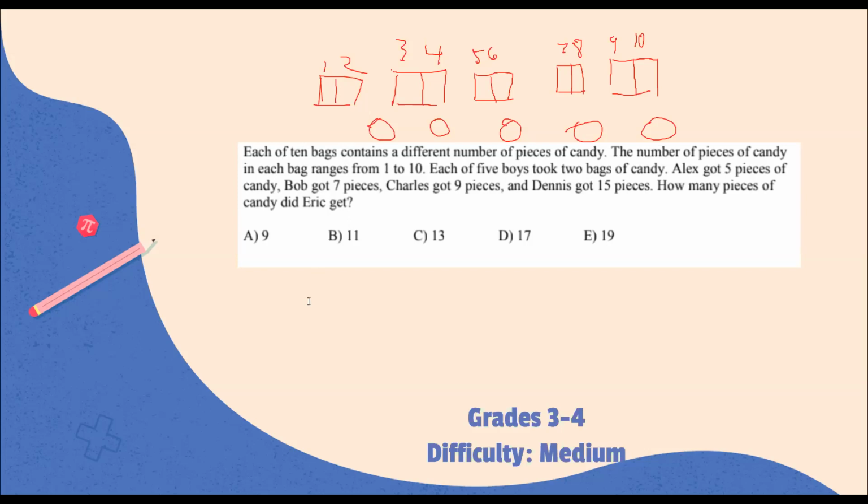So actually I'll type it up. So 1 plus 2 plus 3 all the way to 10, right? Can anyone tell me what that is in the chat? What's 1 plus 2 plus 3 all the way to 10?